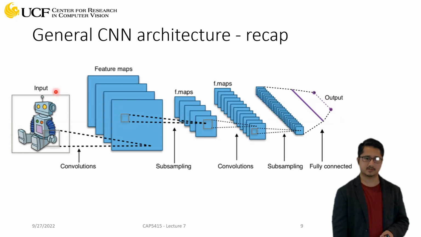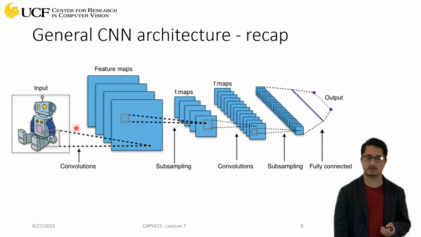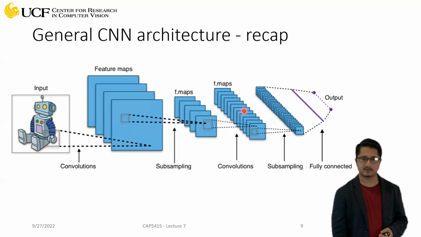And the way it works is you have your input image, and as I said, you initialize these kernels randomly. So even without training your network, you can have an input image and you can still get these activation maps, and you can get some kind of prediction. But since the network was randomly initialized and not trained, you will get some kind of output which will not mean anything.